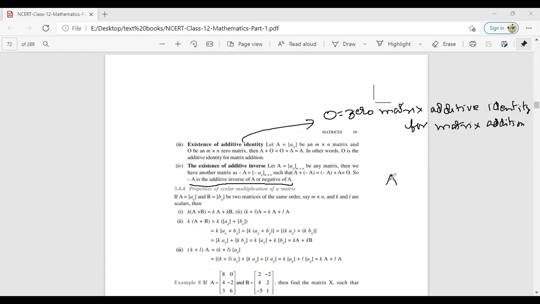So if to A we add minus A, then we get the identity matrix. So the negative of every matrix is called the additive inverse of matrix A.